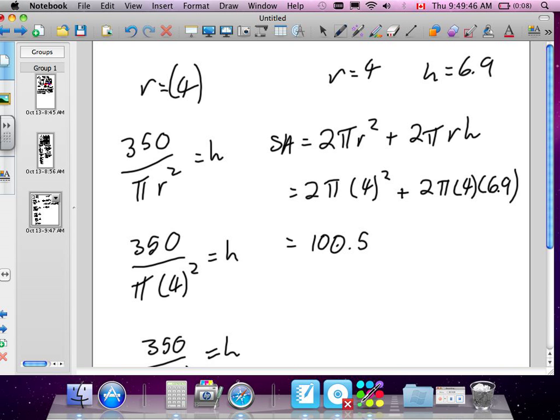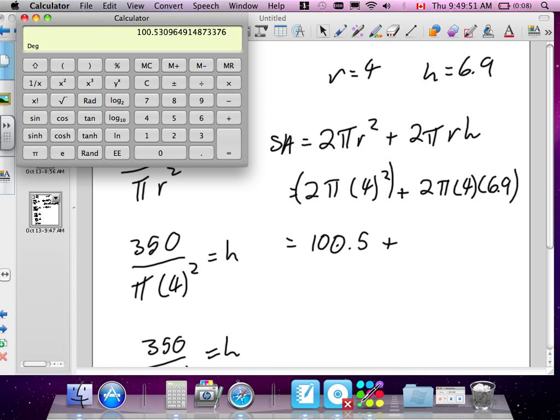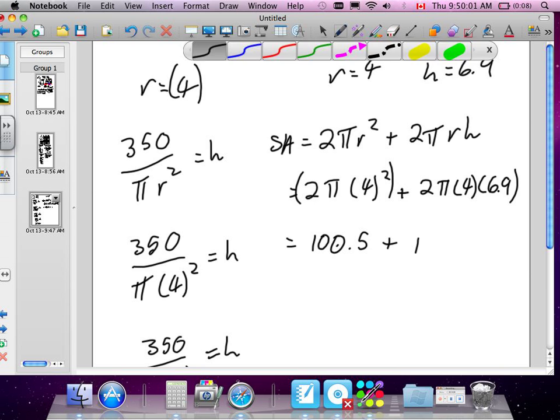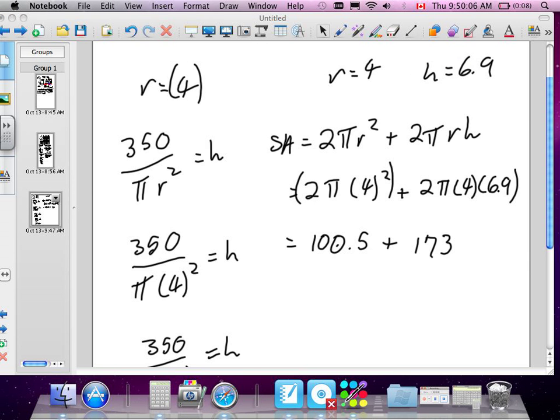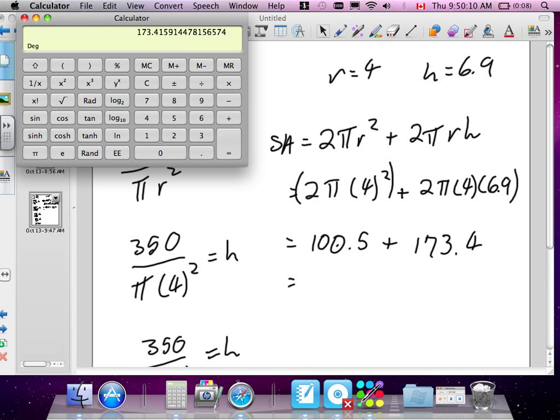So that was that whole part done there. Plus, we'll do the next part. 2 times pi times 4 times 6.9, 173.4. When we add the two together, 273.9.